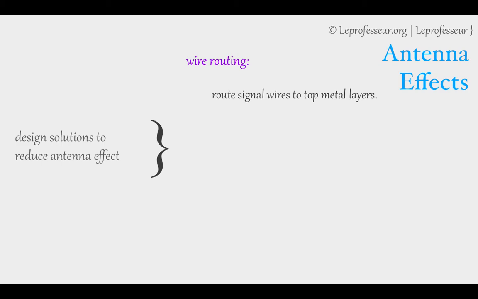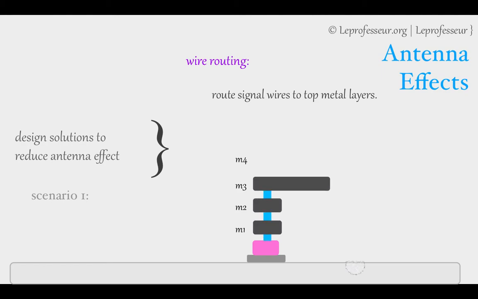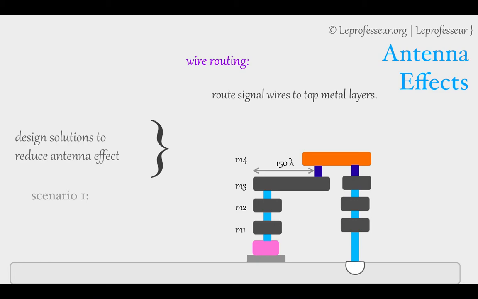Typically you route those signal wires to the top metal layers, and in that, two kinds of scenario may happen. Let's talk about the first scenario. Say your gate is connected to a diffusion area via a metal line. Now here you have simply routed the signal wire to top metal layer M4.